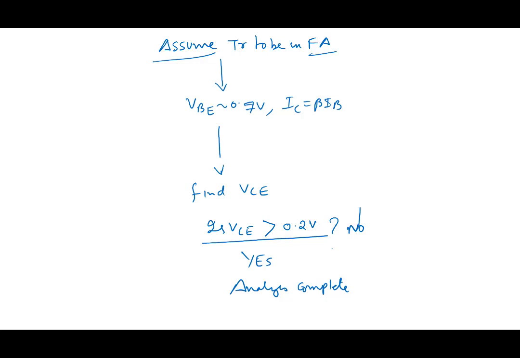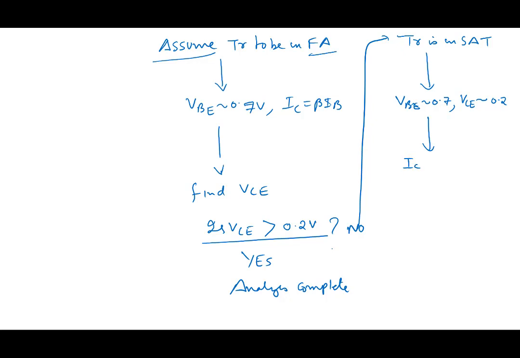No, well, go back, assume no, transistor, no, then transistor is in saturation. Transistor is in saturation region. Now what do you assume? Well, same VB 0.7, but VCE equal to 0.2. And now you calculate IC, IB, everything.